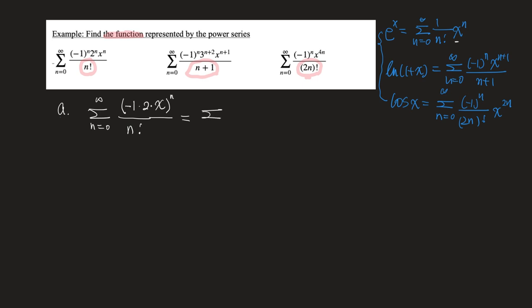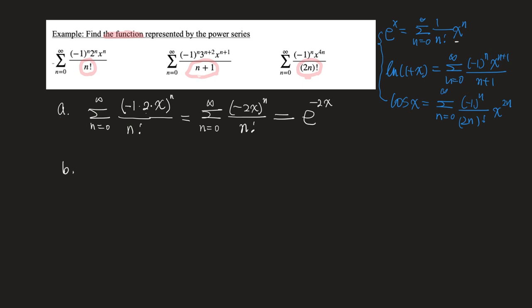So this one is the summation n equals 0 to infinity of (-2x)^n/n!. What does this power series represent? e^(-2x). That's how you find the function which represents this Maclaurin series. Does everything make sense?